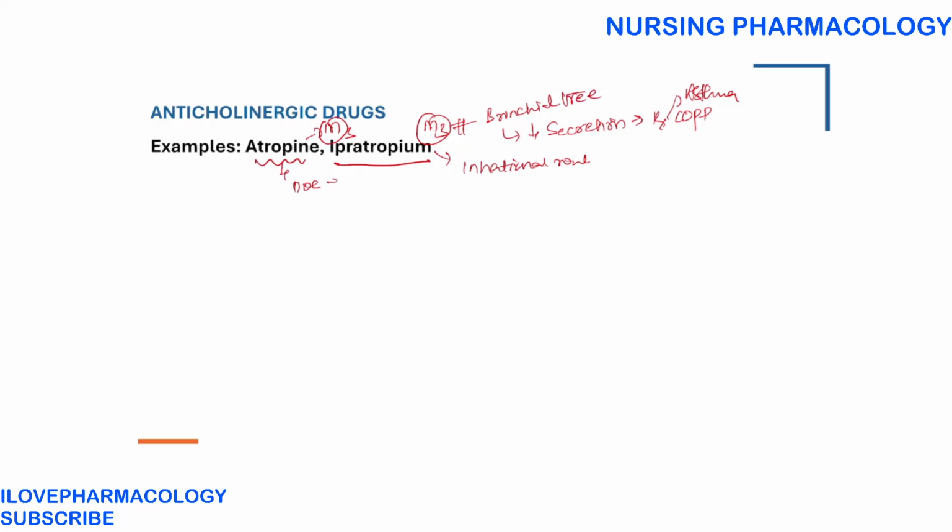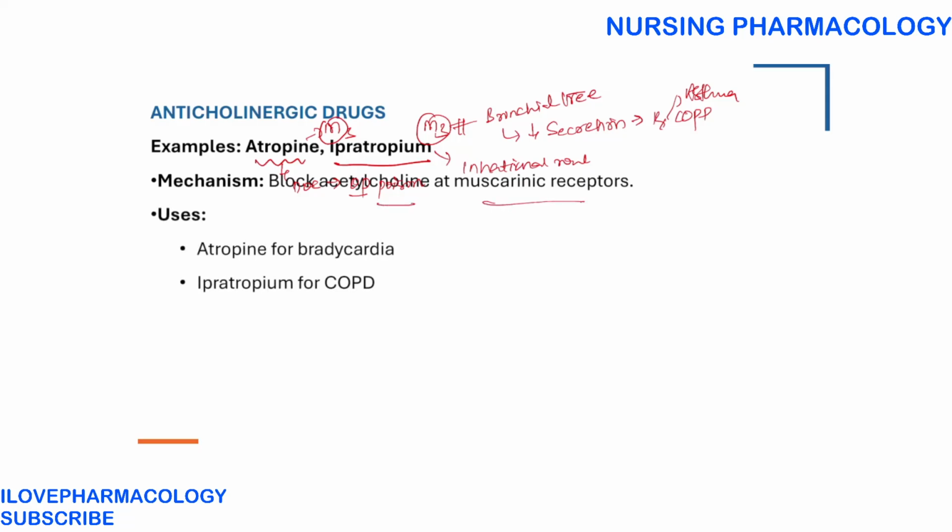But atropine is a drug of choice, please remember, for OP compound poison, that is organophosphate poison. So the mechanism of action is it blocks the acetylcholine at muscarinic receptors, and atropine can be used for bradycardia. Basically it is going to increase the heart rate, and ipratropium bromide in case of COPD.